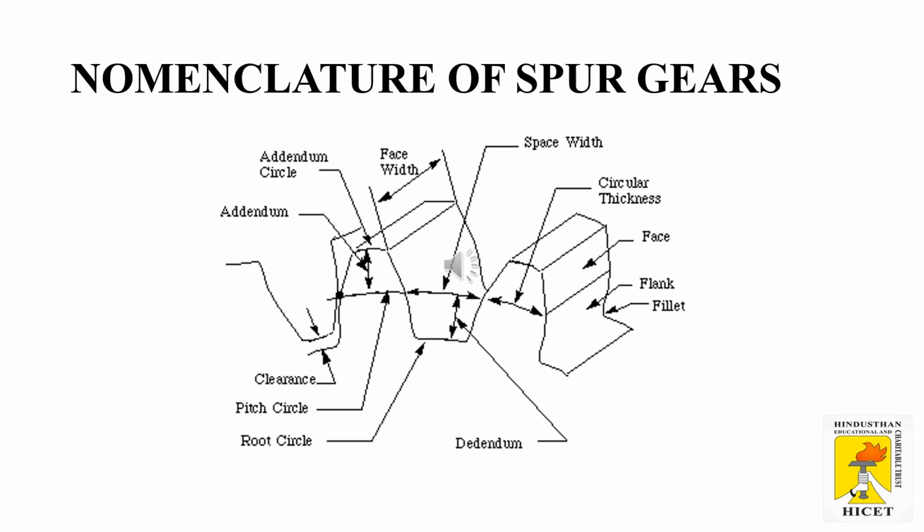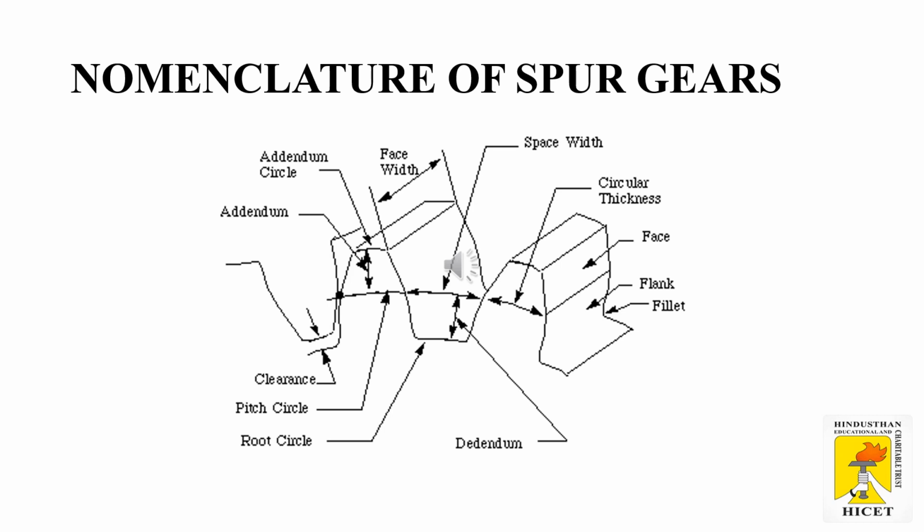And an important one is module. The module is defined as the ratio of pitch circle diameter to the number of teeth on the gear. So the module is the index of the tooth size. The customary unit of module is millimeter per tooth.